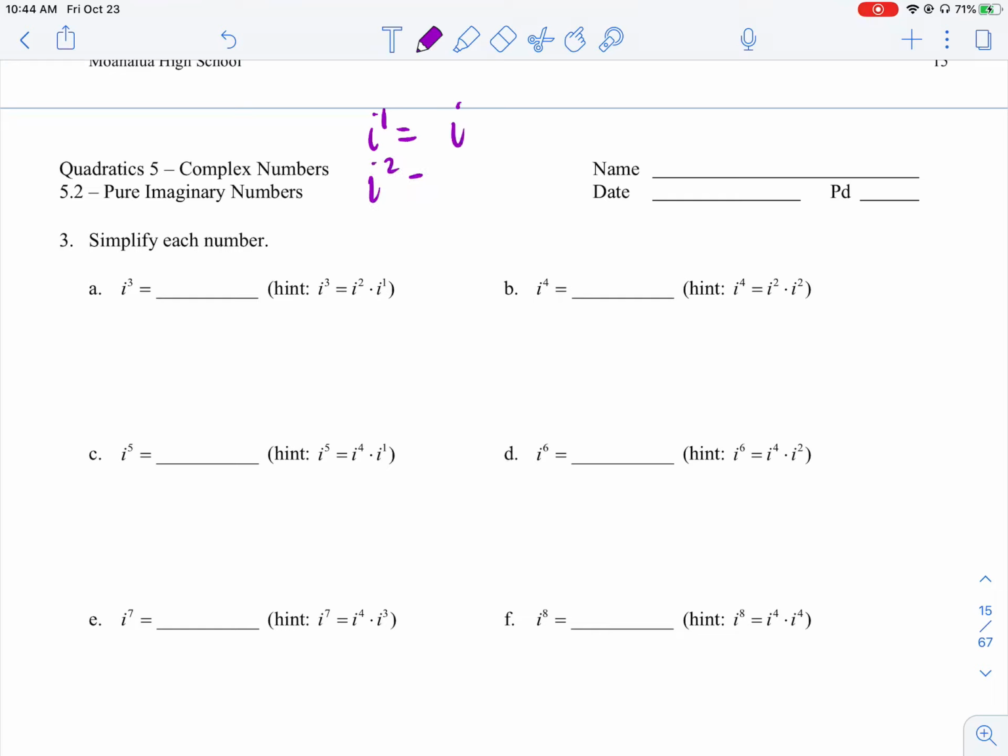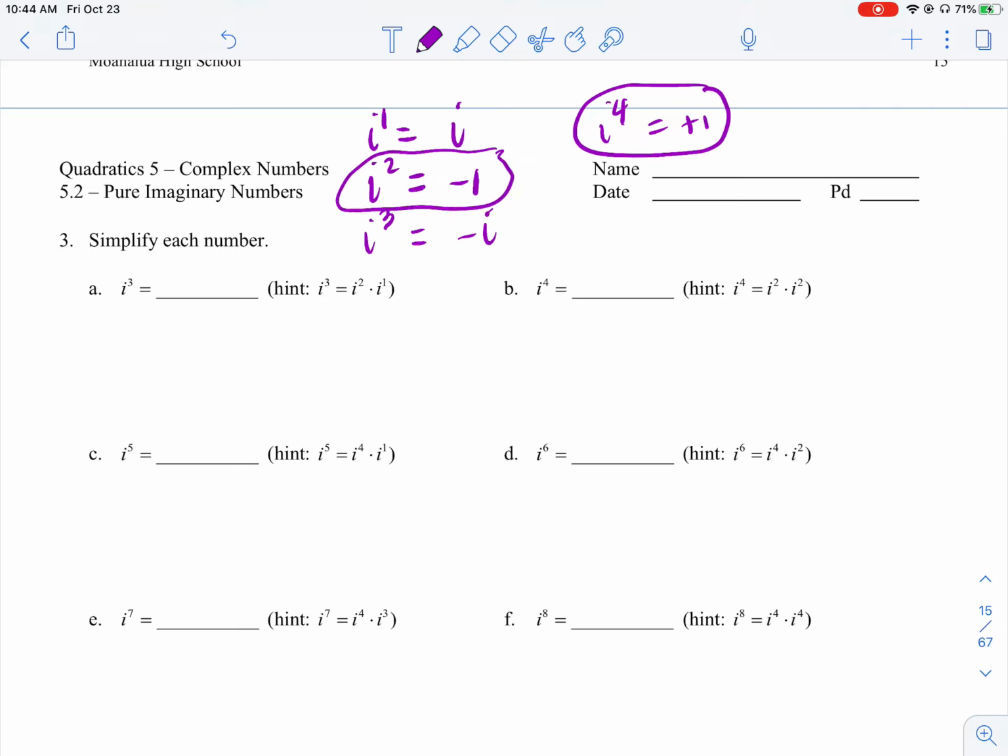No problem in there. i squared, we know from before, is negative 1. i cubed is negative i. And then i to the fourth is a positive 1. And I want you to remember those two.